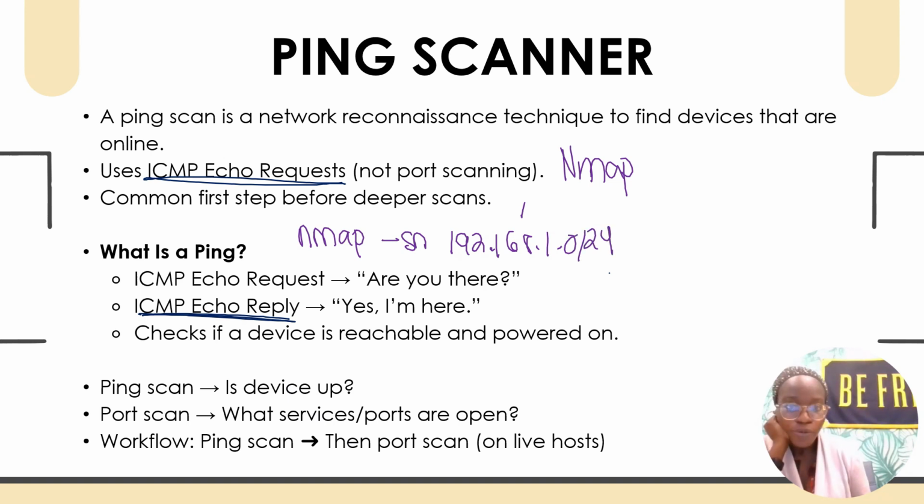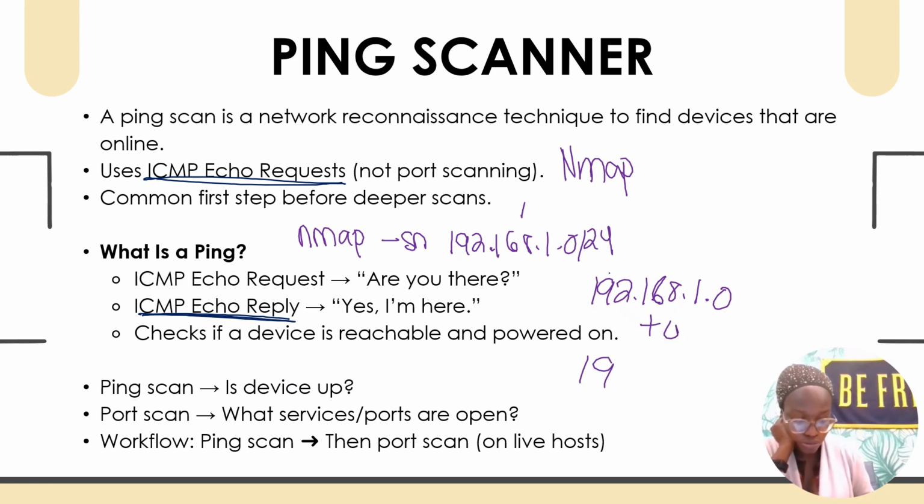What this is saying is, hey, I want you to skip port scanning, just perform a ping sweep. Just do host discovery over the following IP addresses, from 192.168.1.10 all the way to 192.168.1.255.